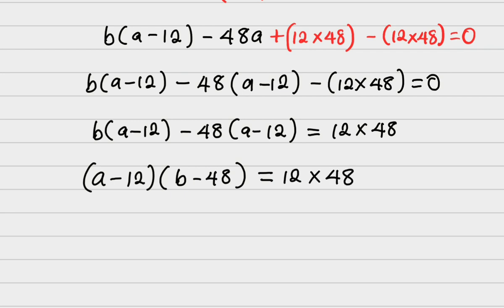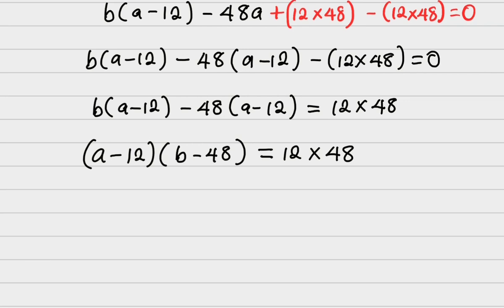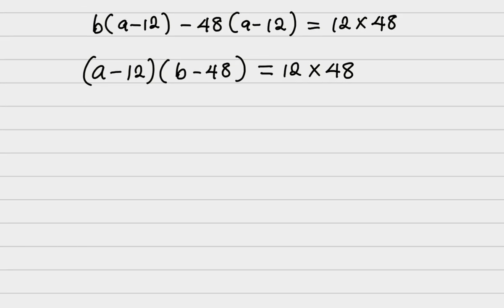Now recall, we have a condition that B is an odd number. If B is an odd number, there is something I can do to get B. I have to get the factors of 12, that is the prime factors of 12. The prime factors of 12 will be 2 times 2 times 3.